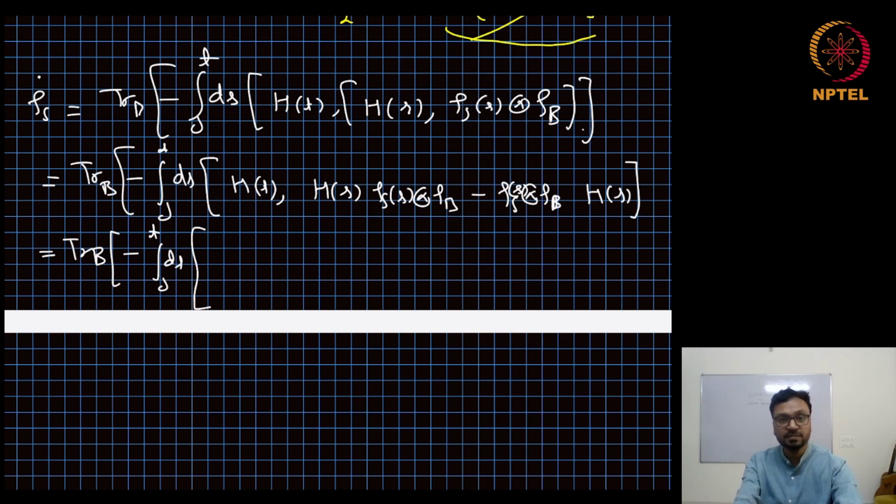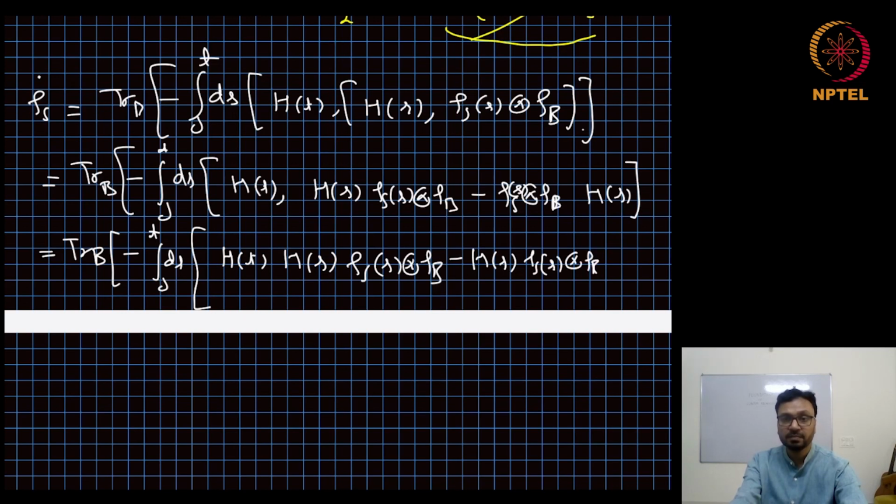There will be 4 terms because it's a commutator of 1 with the 2 terms. It will be H_t H_s rho_s(s) tensor rho_b, minus rho_s(s) rho_b H_s, minus H_s rho_s(s) tensor rho_b times H_t. This is the first term.